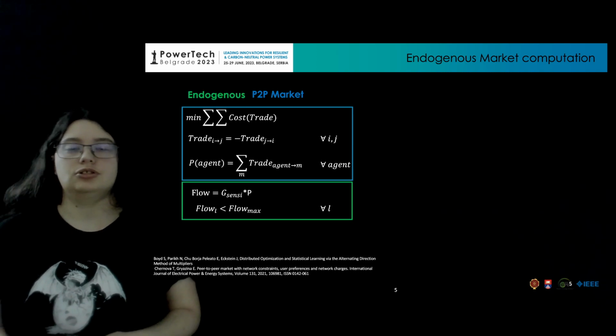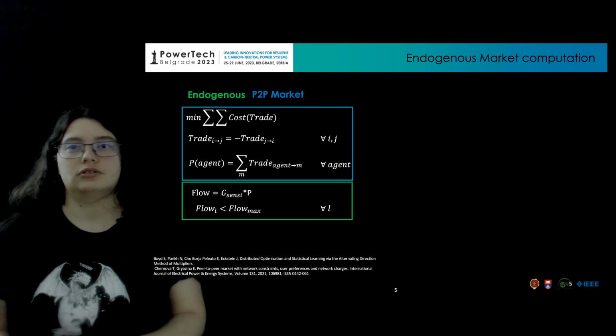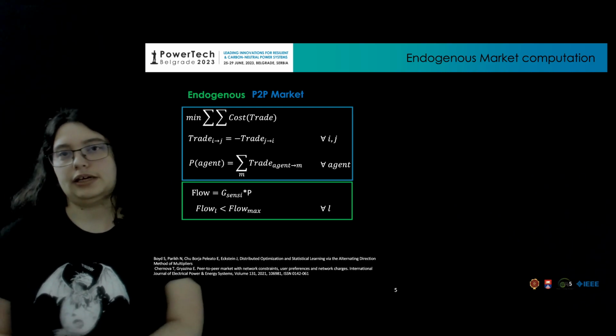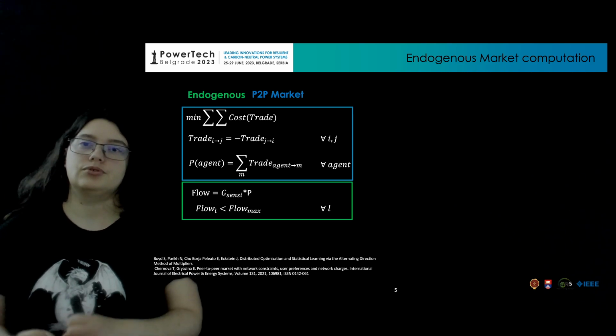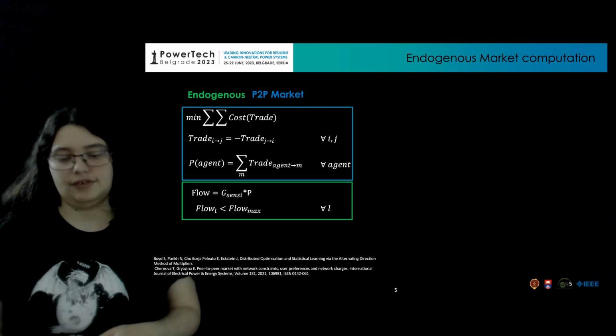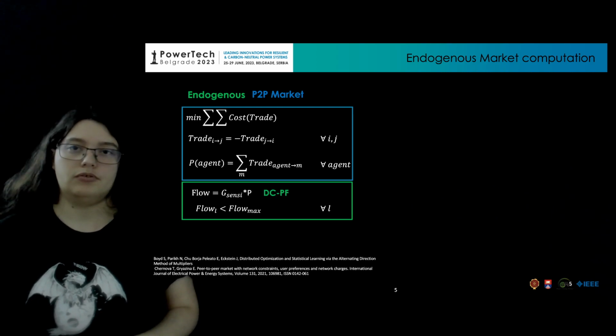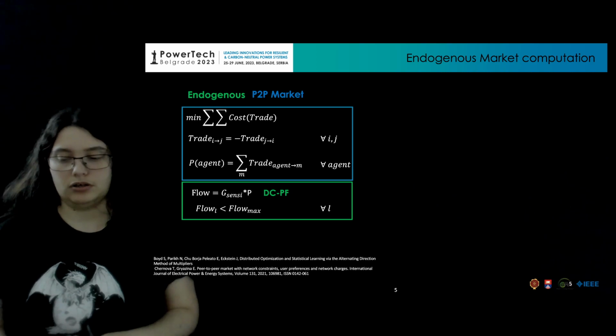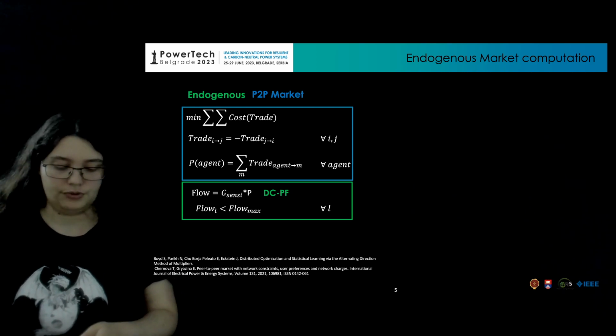We call it an endogenous peer-to-peer market when we take into account the constraints on the lines during the market. Here we compute the power flow on the lines thanks to the grid sensitivity with a DC power flow, and we try to keep the power on the lines below a certain value.